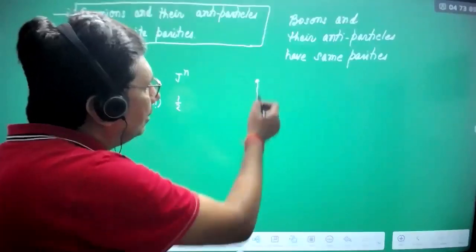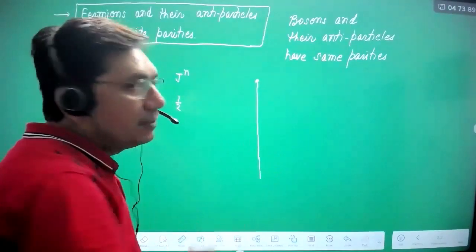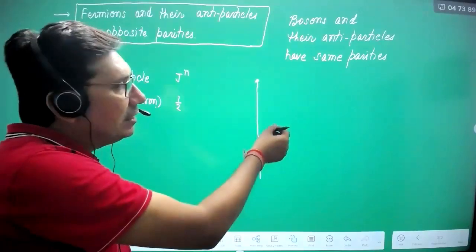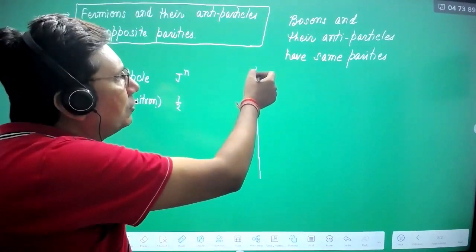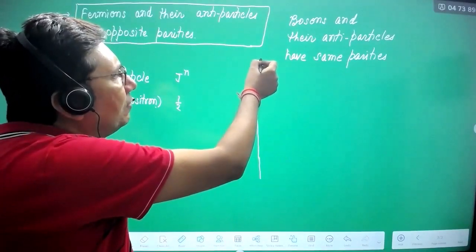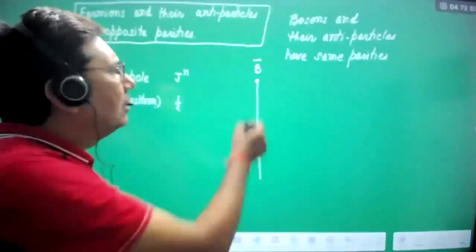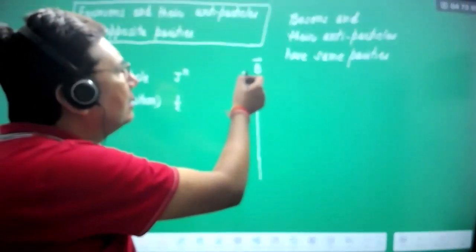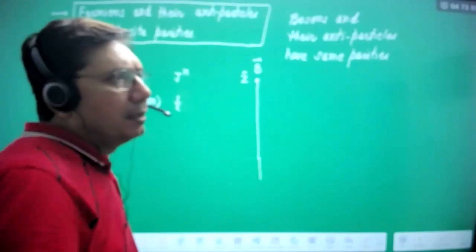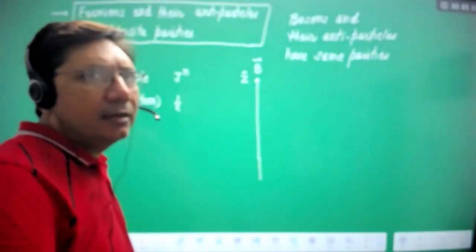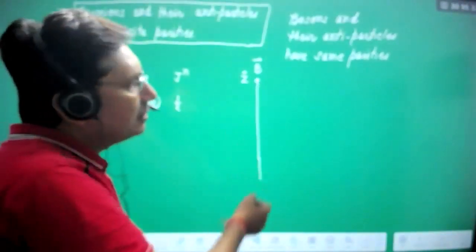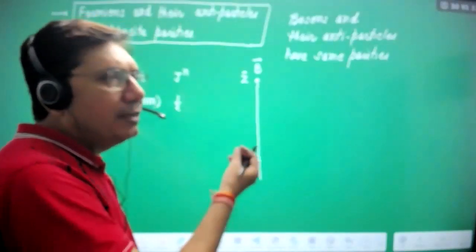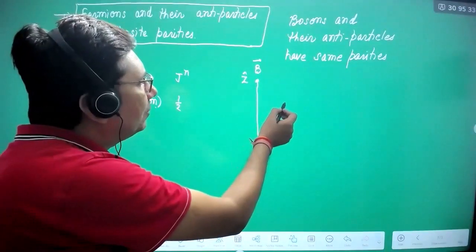If I break the homogeneity of the space and I place a magnetic field or any field here, in general we consider the direction in which we are breaking this homogeneity and isotropy as the z direction. If you place a spin here, what will happen?